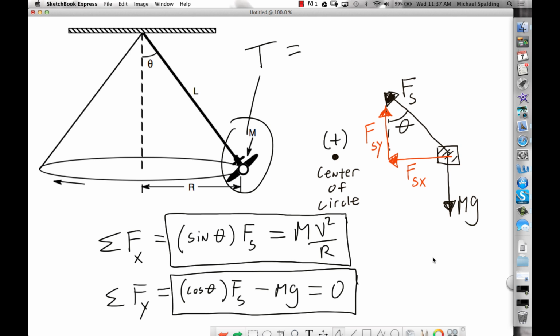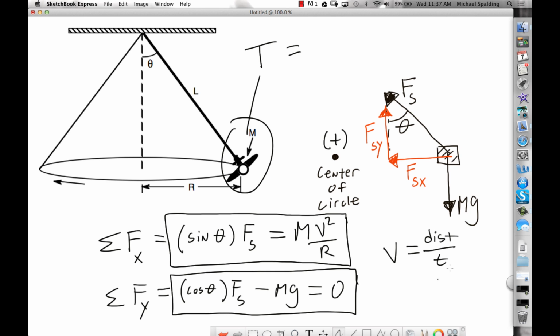If we want the tangential velocity, which is a linear velocity in meters per second, one way to do it is you take the distance around the circle. So what's the distance when I swing the rubber stopper around? What's the distance around one circle? 2 pi r.